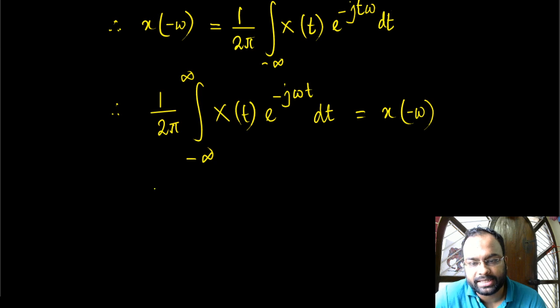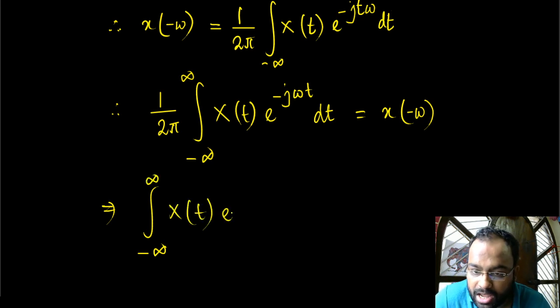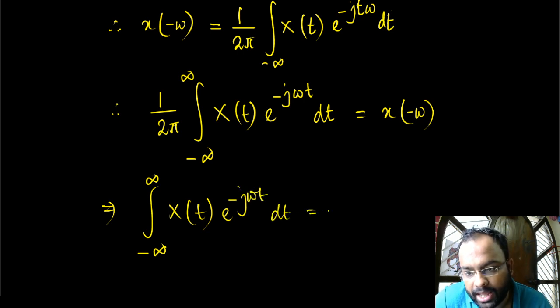I just interchanged everything, which basically means if I bring this 2 pi to the right hand side, I would get integration from minus infinity to infinity capital x of t e to the power minus j omega t dt as 2 pi x of minus omega.